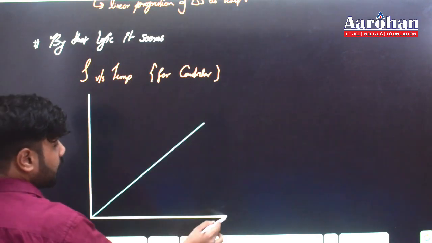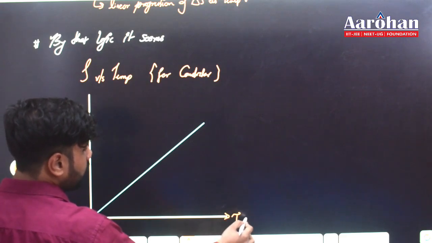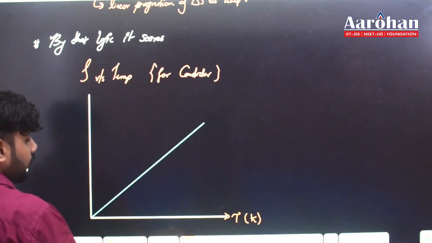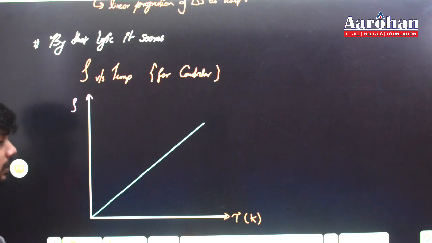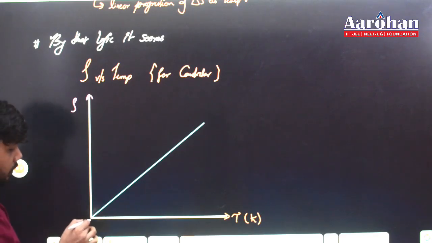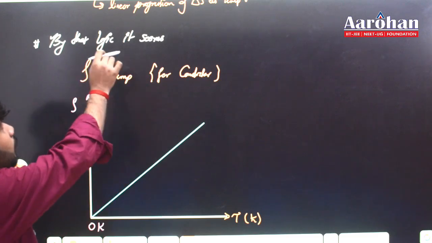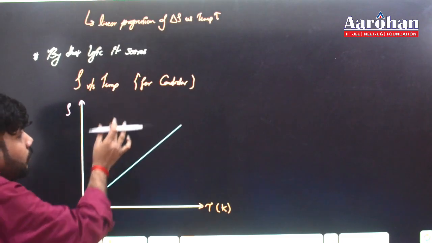Let's say the temperature is in Celsius or Kelvin, whatever you want to write, let's say it is in Kelvin. So it seems that when there is 0 Kelvin, that means absolute 0, your resistivity should be 0. And mathematically it is not wrong, because this is what we have in the equation, right?